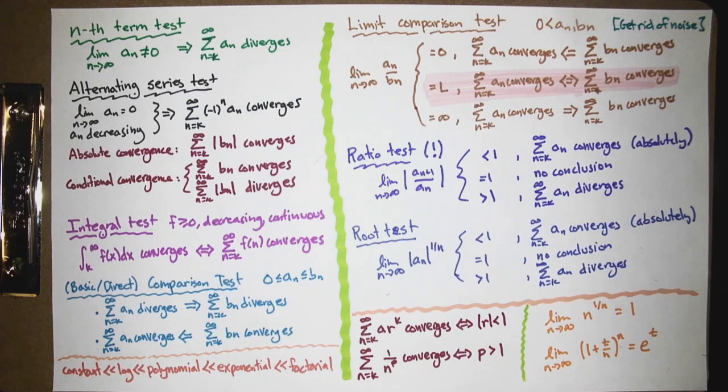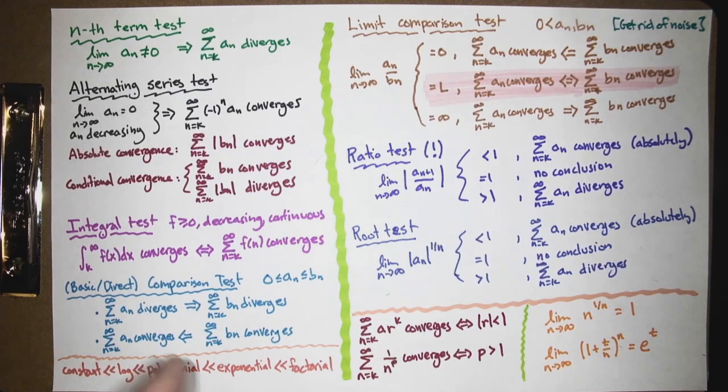If you get something less than 1, it converges, and it converges in a very strong sense. It's always absolutely converging. If you're bigger than 1, it diverges. If you want to call it absolutely diverging, you can. But essentially, if you're bigger than 1, you fail the nth term test. And if you're equal to 1, more work.